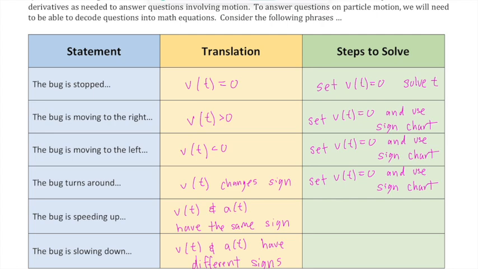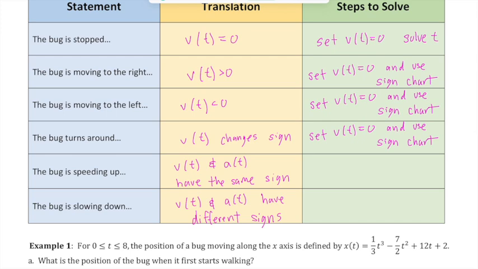So if the bug is stopped, that's the velocity equaling 0, right? And if you want to solve that, you just solve for t after you set velocity equal to 0. So that's whenever you hear something like the object has stopped. If you're moving to the right, that means the velocity is greater than 0. And then if you're moving left, the velocity is less than 0.